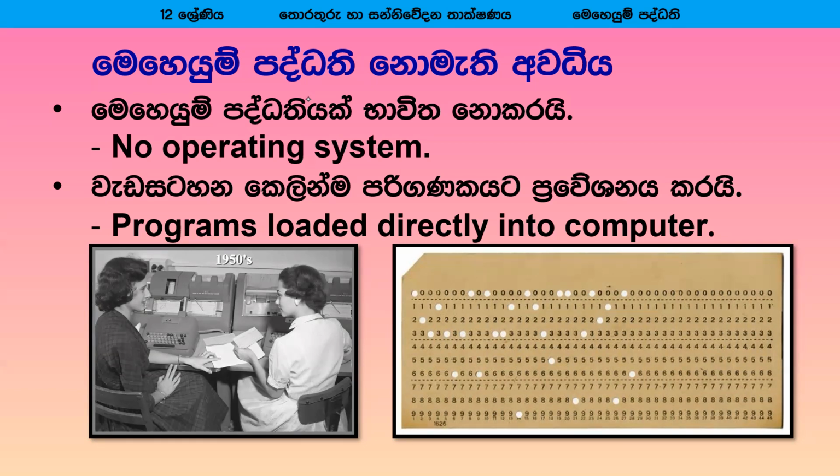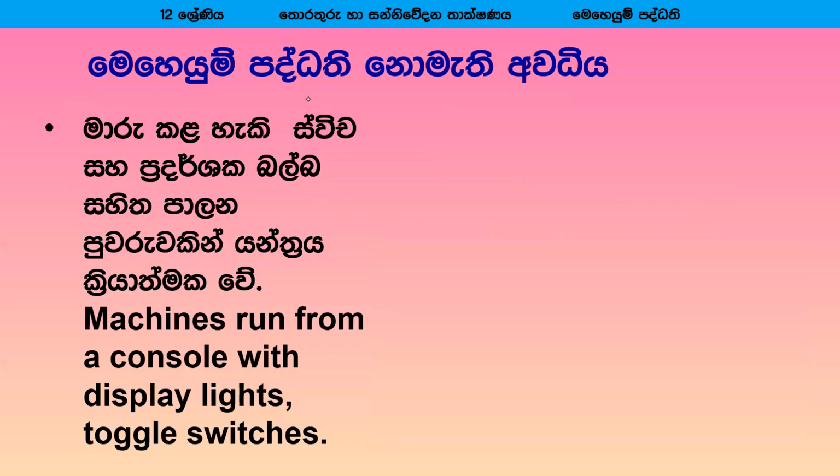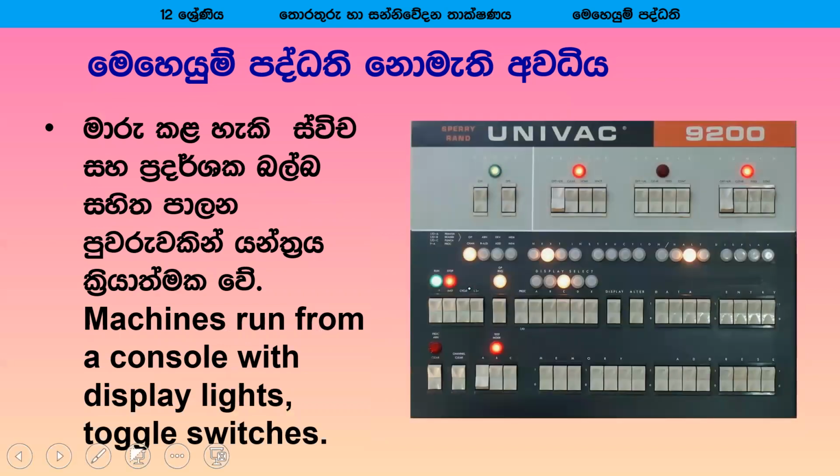And there were special machines to feed these things. I'll show you a short video regarding this, right? And the machine was running with a control panel like this, right? It is always like this, switches and bulbs and indicators here and there.